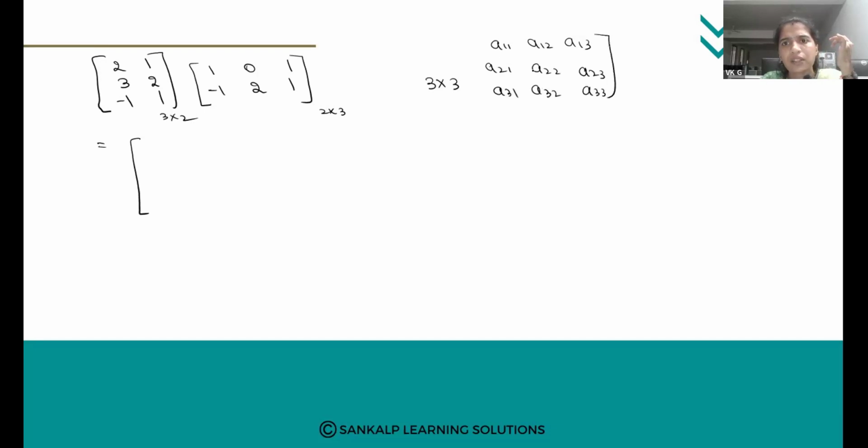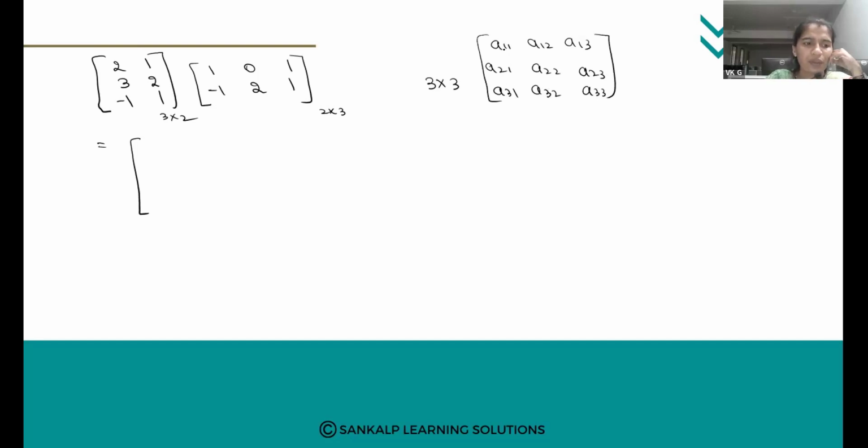Order of the second matrix 2 by 3. Number of columns of the first equals number of rows of the second. Product exists. Order of the product matrix is 3 by 3, which will consist of 3 rows and 3 columns. Consider 1 by 1. If you like, I'll write it generally: A11, A12, A13, A21, A22, A23, A31, A32, A33. Try it.